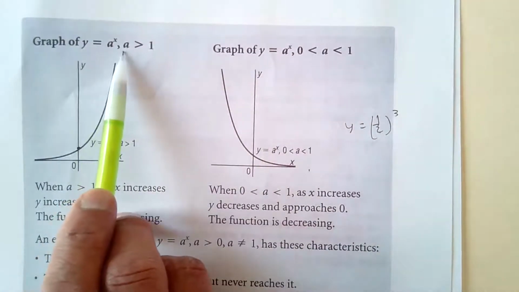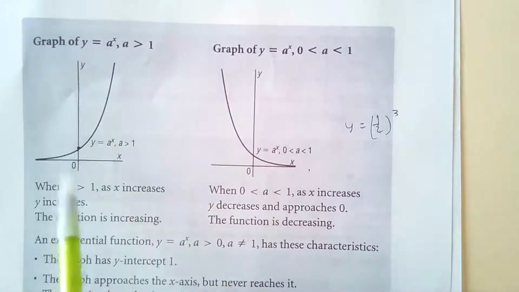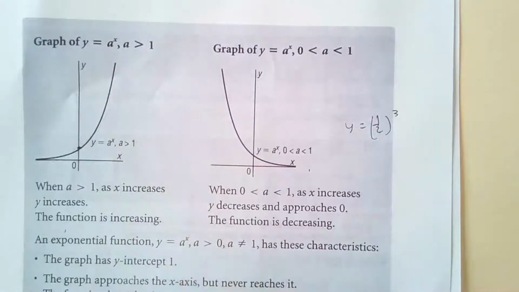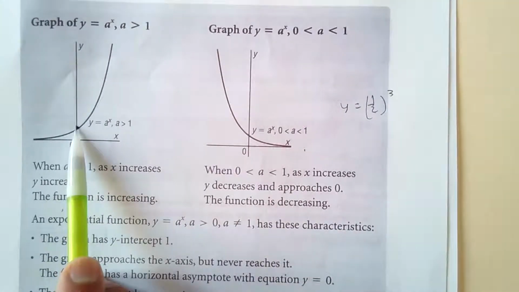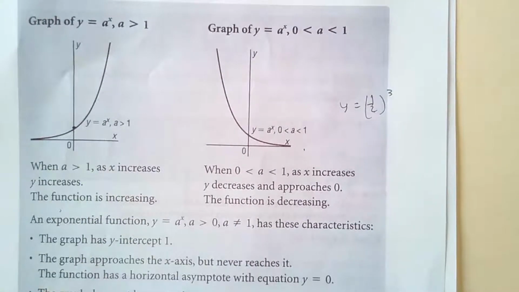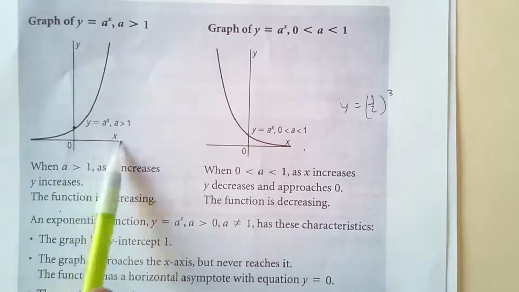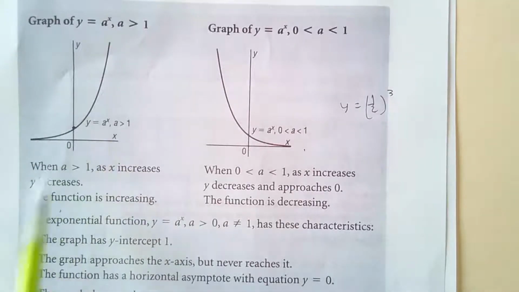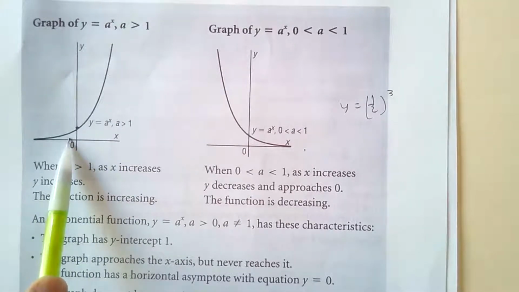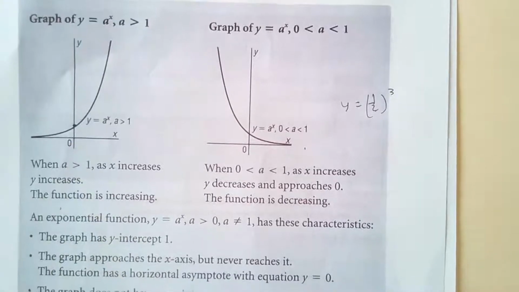For a to the x, if a is greater than 1, then the graph is increasing. The y-intercept is at 1, and there is a horizontal asymptote y equals 0. The domain would be all the real numbers, and the range is greater than 0.